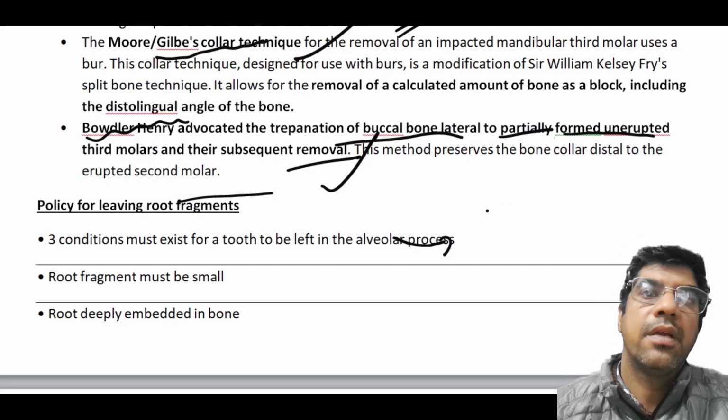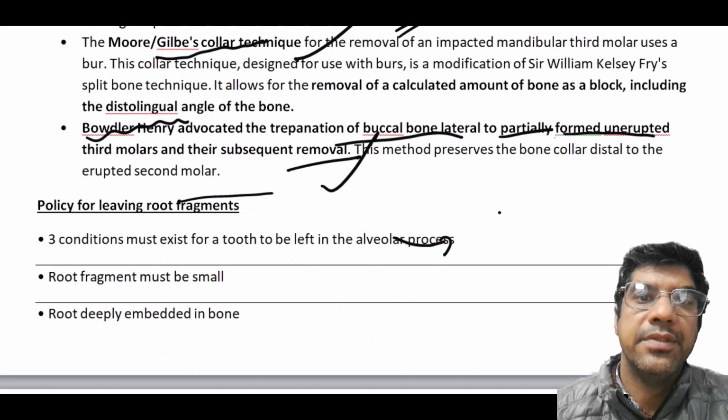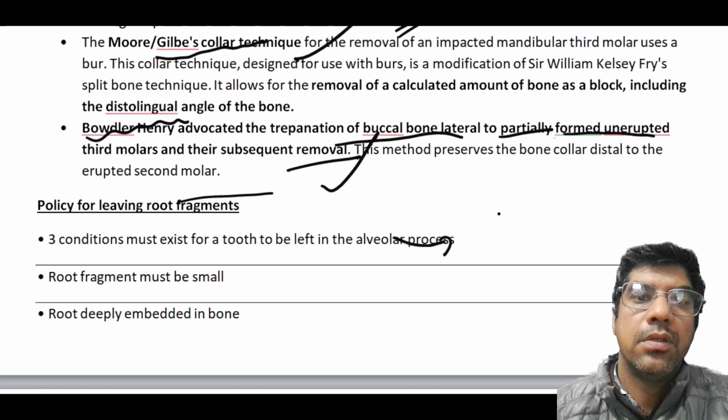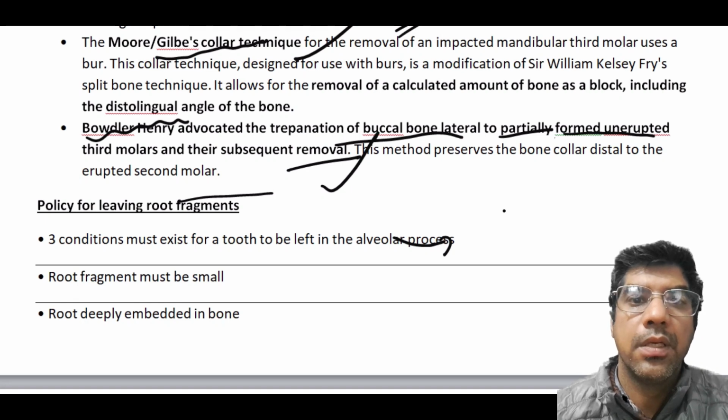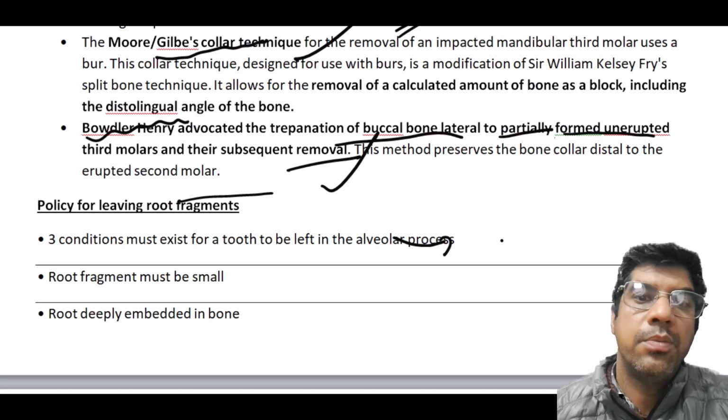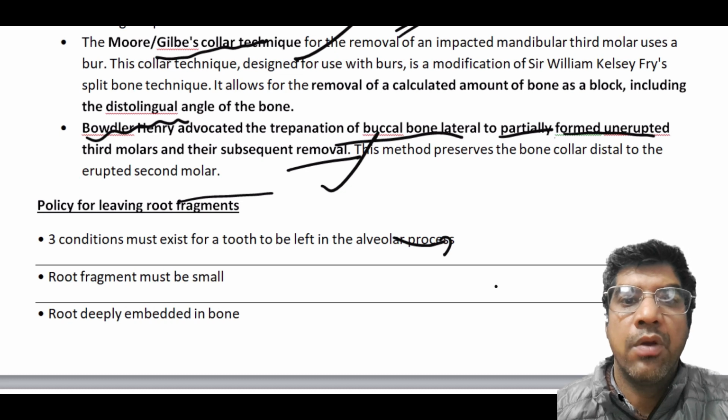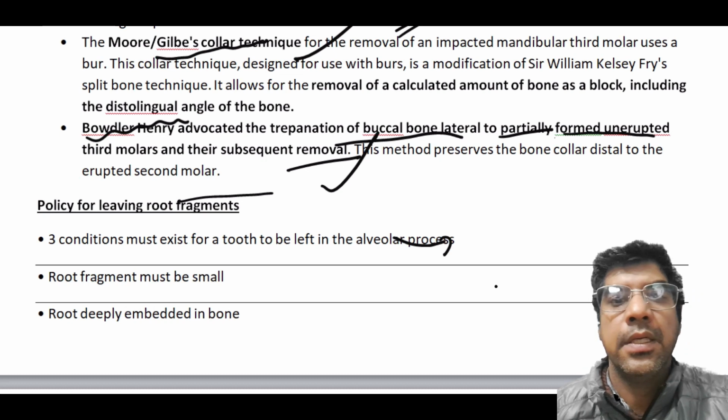Trephinization refers to the surgical procedure in which a circular piece of bone is removed. It involves the removal of the buccal bone lateral to the partially formed unerupted third molar. The primary objective is to create an opening or window in the buccal bone, providing access to the impacted third molar.